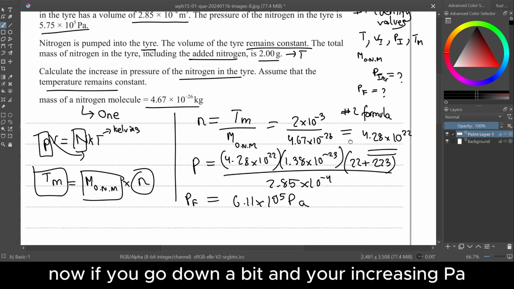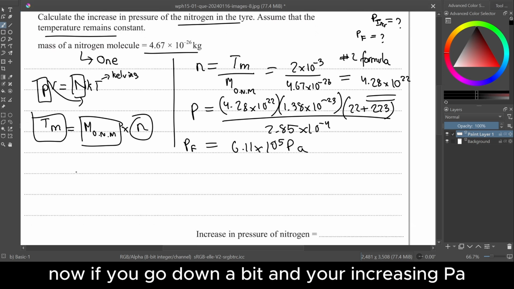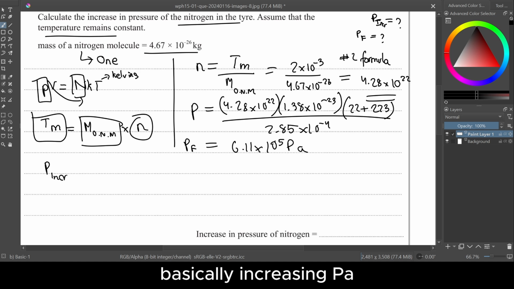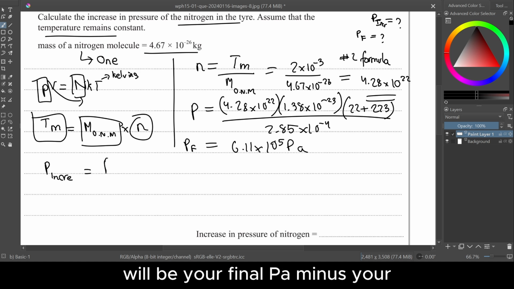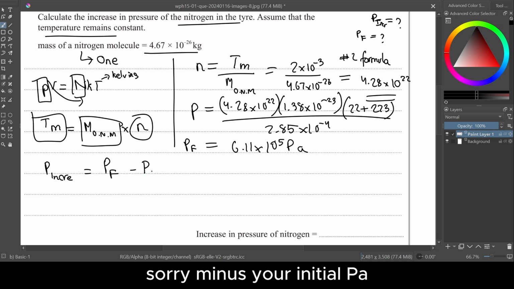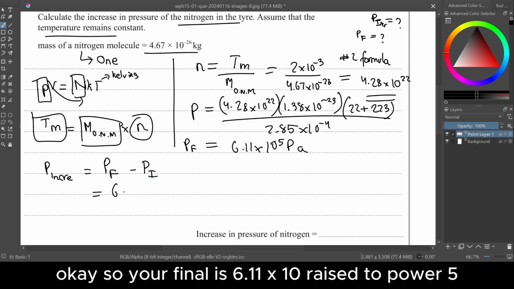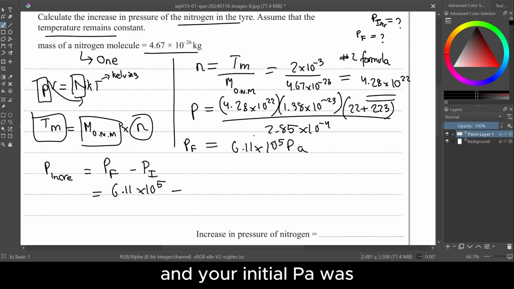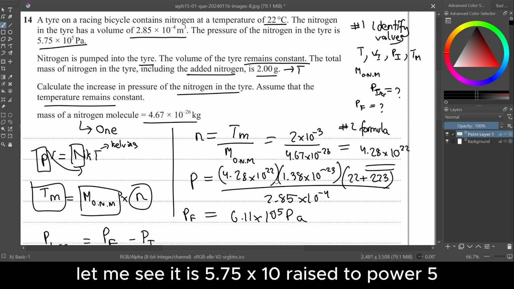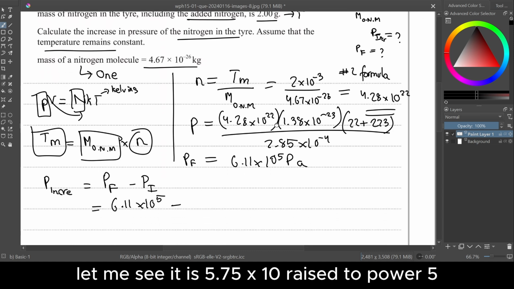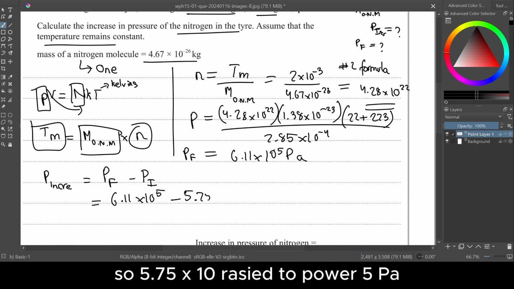Okay. Now if you go down a bit, your increase in pressure will be your final pressure minus your initial pressure. So your final is 6.11 times 10 raised to power 5, and your initial pressure was 5.75 times 10 raised to power 5 pascals.